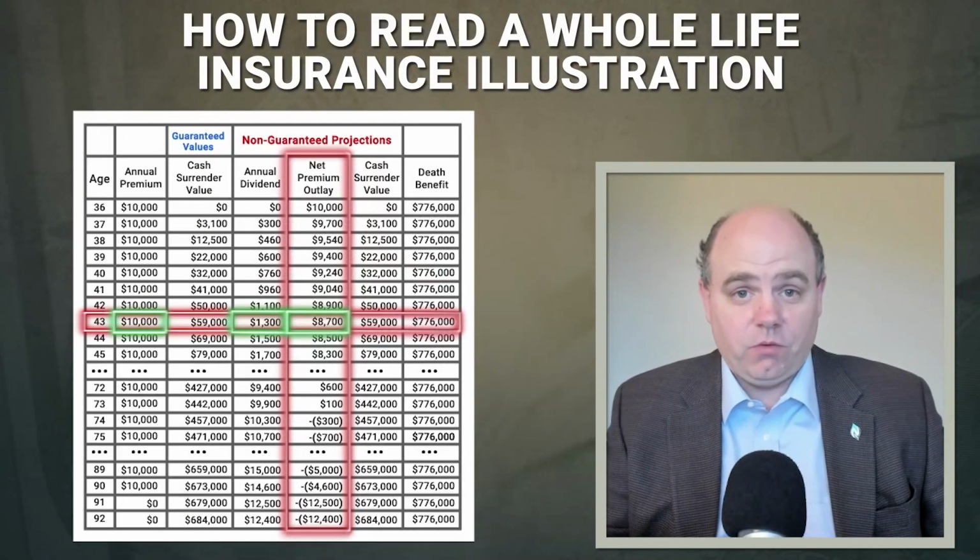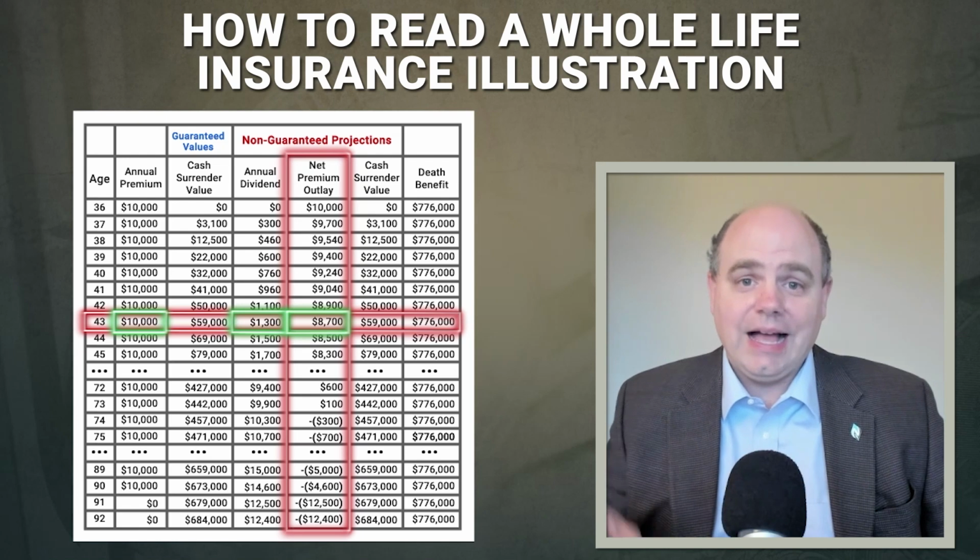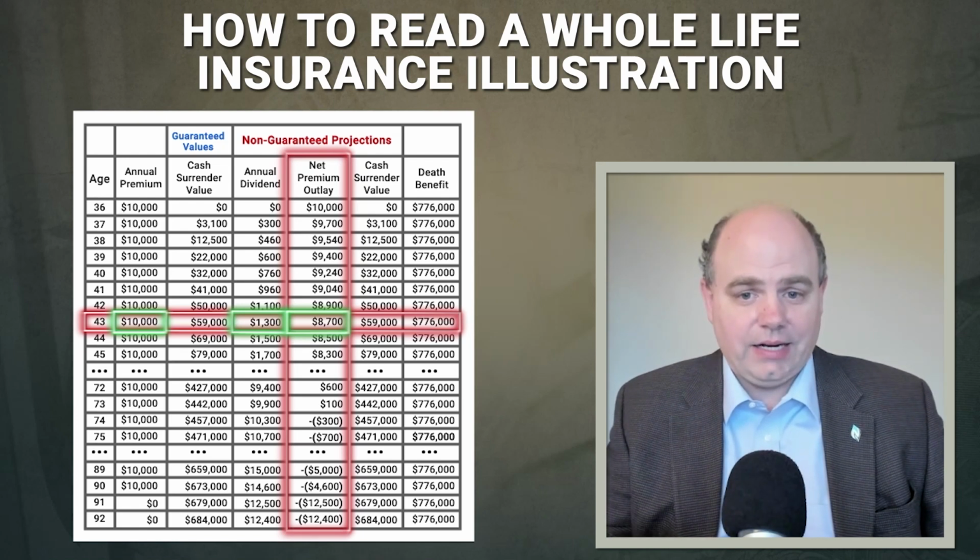Now, I want to be clear to avoid confusion here. The cash surrender value on this particular illustration, even on the non-guaranteed side, matches what I had for the guaranteed side.